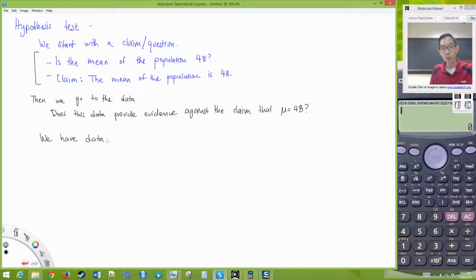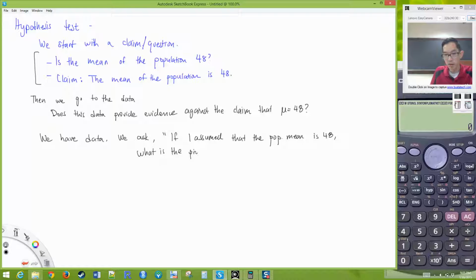So we have the data, and we ask this slightly odd question: if I assumed that the population mean is 48, what is the probability that a randomly selected sample will look like the sample that I have?